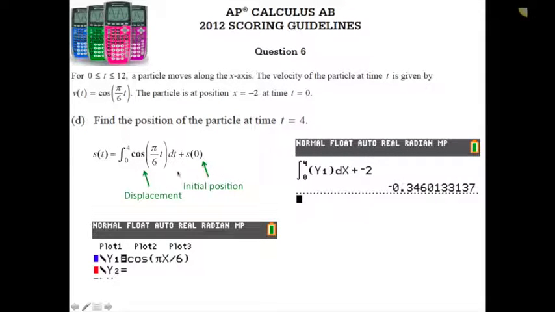What I type into my calculator looks a lot like the expression I write on my paper. I just don't put the calculator syntax in there because they don't like that at the College Board. So from 0 to 4, y1 dx minus 2, there's my final position. Go ahead and write down your answer. Again, that's your displacement, that's your initial position. Your final answer rounded to 3 decimal places is negative 0.346.